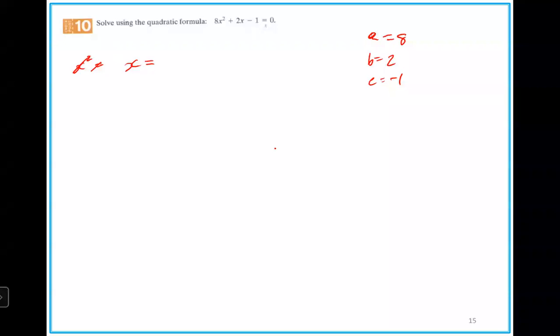It's negative b, plus or minus the square root of b squared minus 4ac, all over 2a. Okay. All right, so I want you to go ahead and substitute the 8, the 2, and the minus 1 into that and solve it.